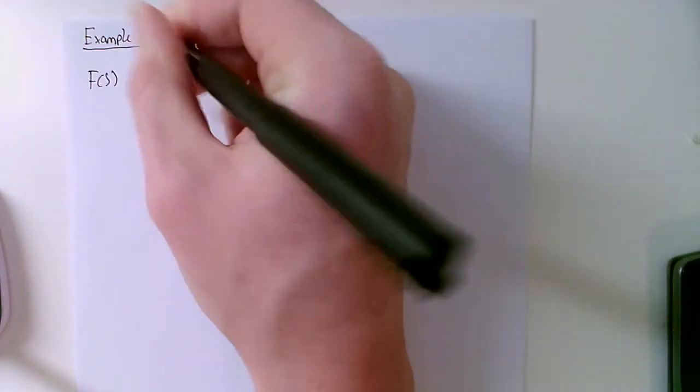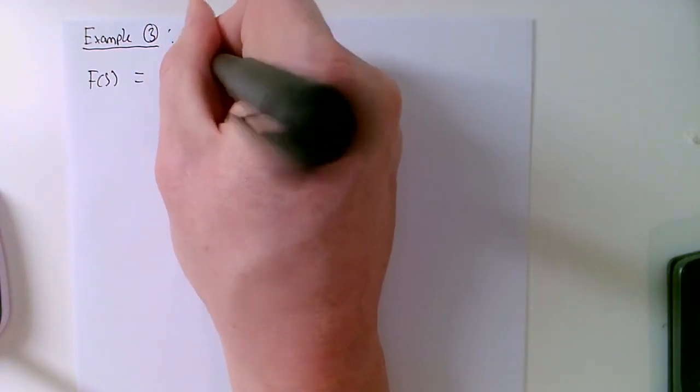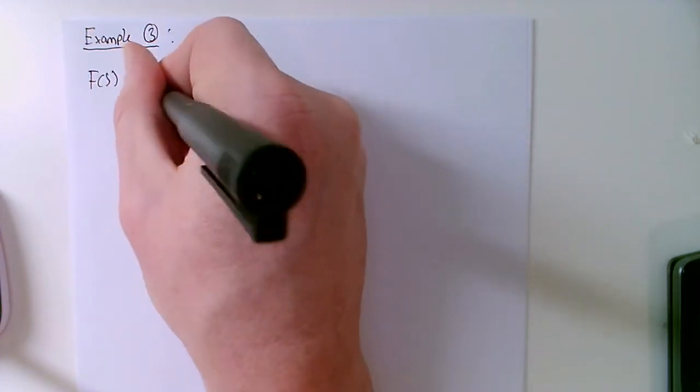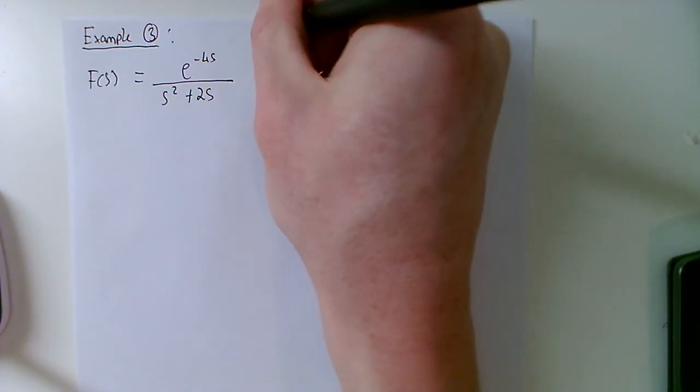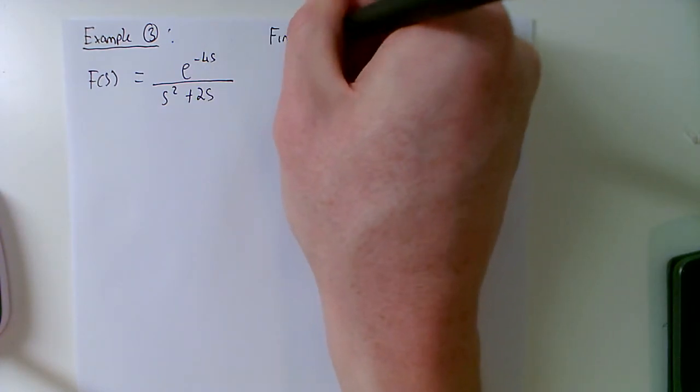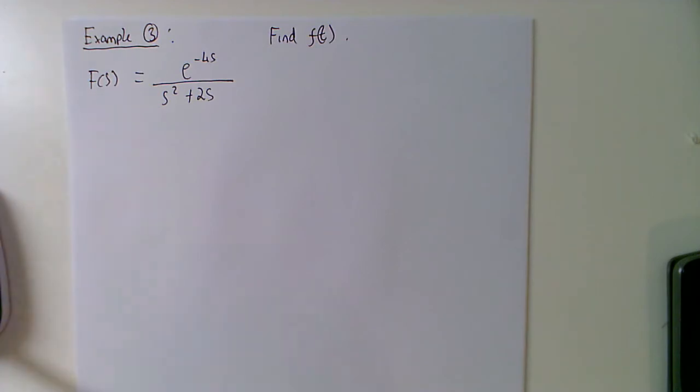Lastly, let's have a look at example 3. As you can probably imagine, what I'm building up to being able to do here is finding the solution to a differential equation involving a Dirac delta function.